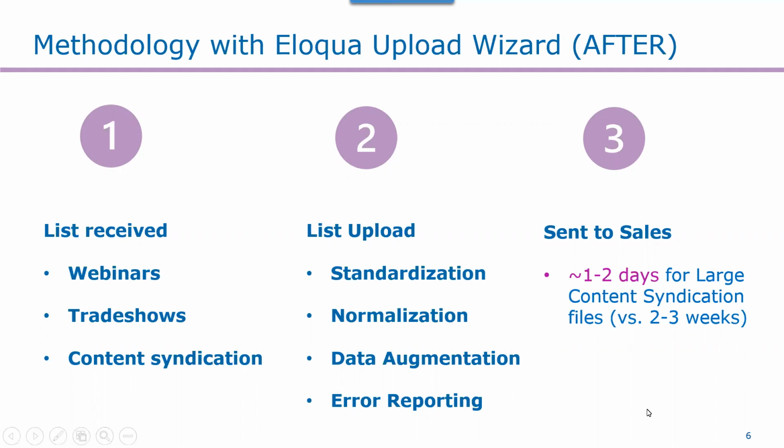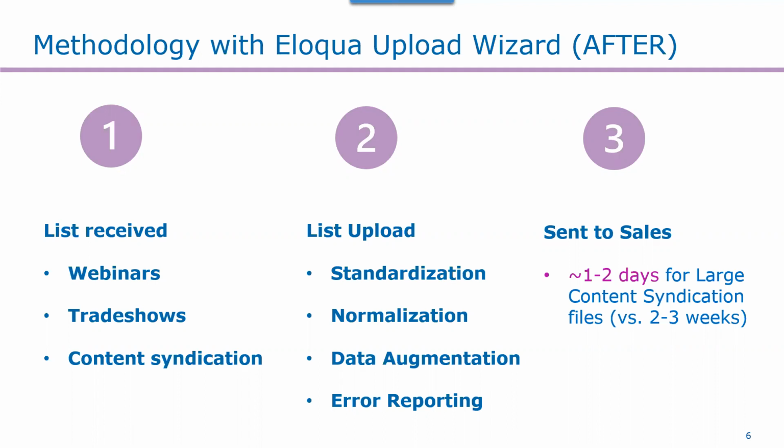Once it's uploaded, I receive a notification and it tells me exactly how many records were accepted, rejected, how many were hard bounces, suppressed records, how many prospects were created, which are unique to our company, and how many campaign members.